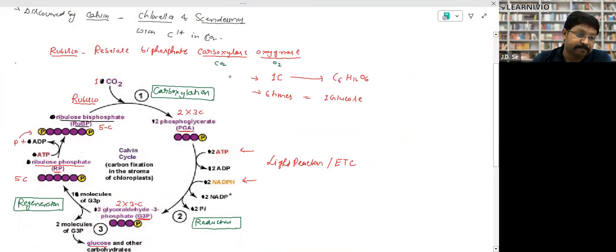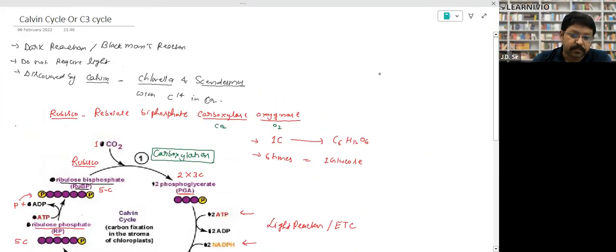What is the Calvin cycle, or dark reaction? The Calvin cycle, or dark reaction, or C3 cycle, is also called Blackman's reaction.